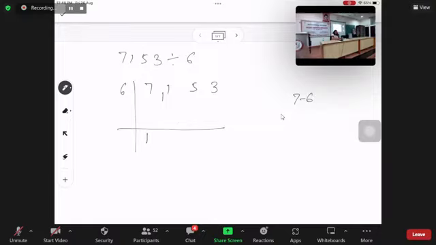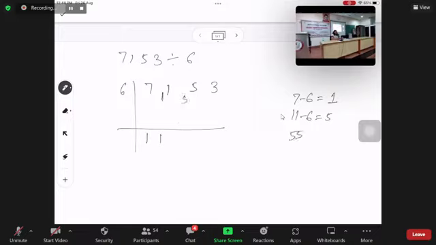7 minus 6, this is remainder 1. Okay, so we write the remainder. Now this is 11. When you divide 11 by 6, 6 ones are 6 again. And what is the remainder? 5. We write here 5. Now this is 55.